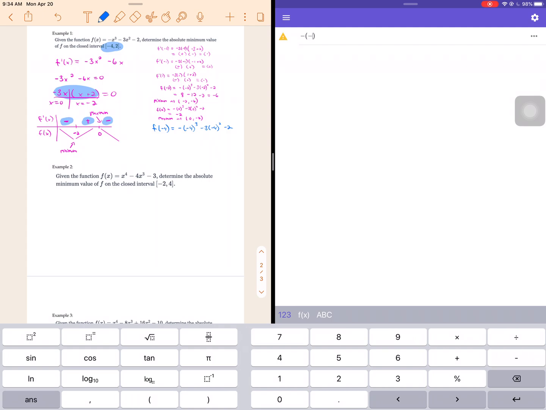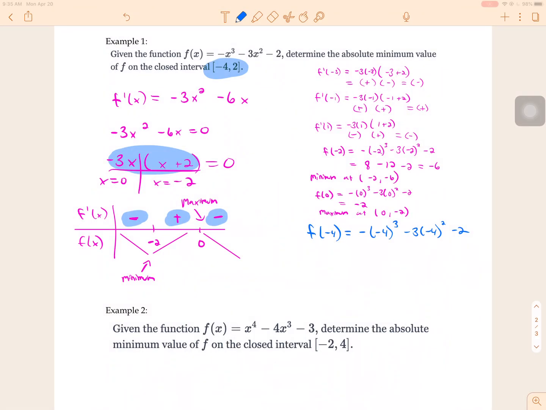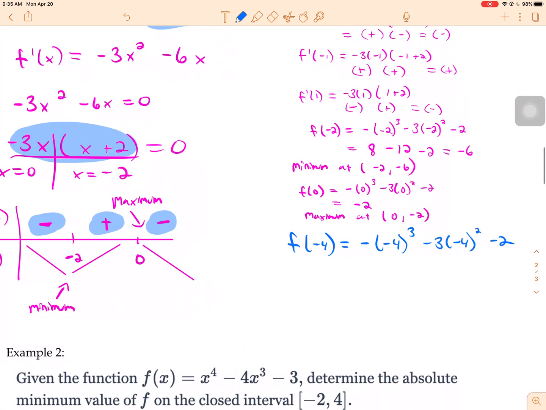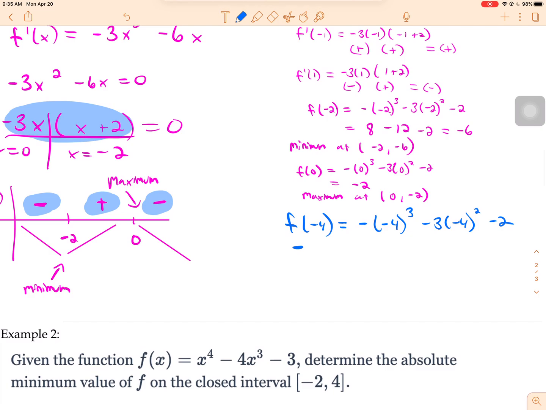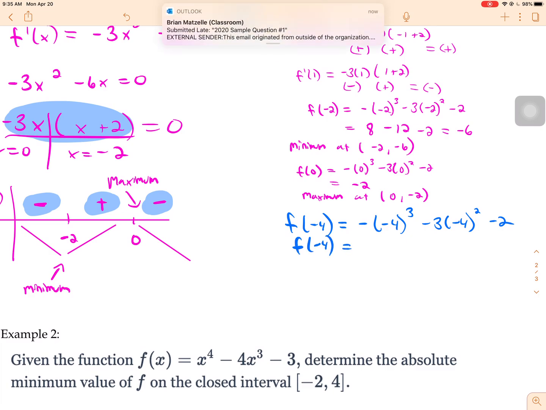Negative parentheses -4 cubed minus 3 times -4 minus 2. And you get 74, which is pretty big. Yeah, that makes sense. So you get f of negative 4 is 74.